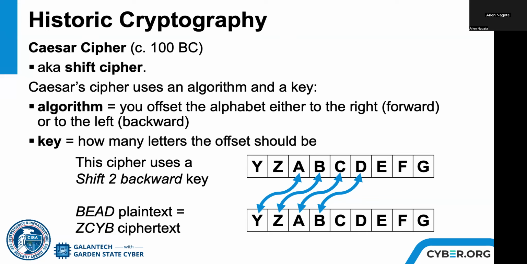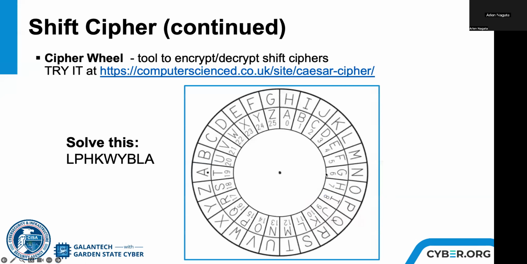And the key was how many letters to shift. So if the cipher was to shift 2 backwards, then an A would become a Y, a B would become a Z, et cetera, et cetera. And if you knew that shift, you could decrypt the message, right?